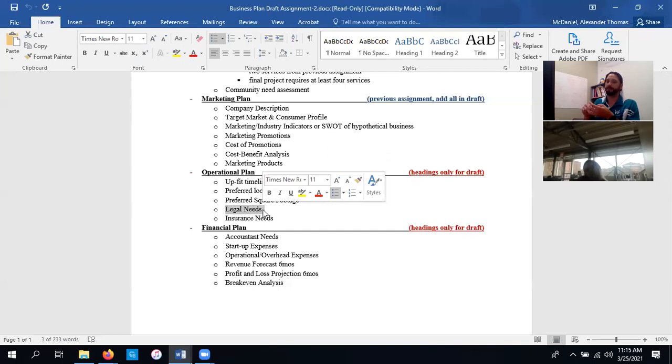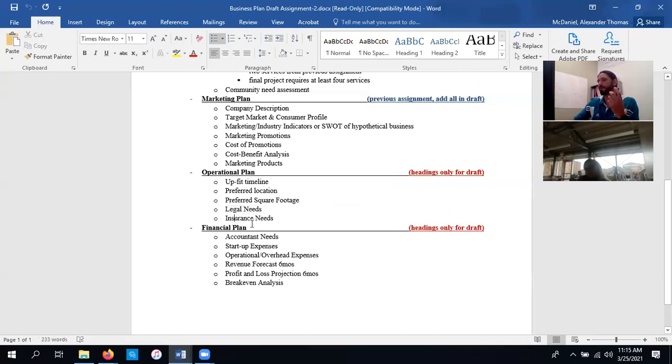It'll have rules and regulations for clients. So all that stuff needs to go in legal needs, and it's just one small paragraph. This legal needs area right here, this is EXS 311. So this is what you learn in 311.